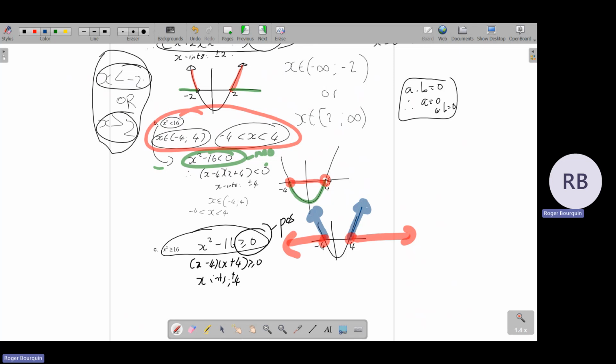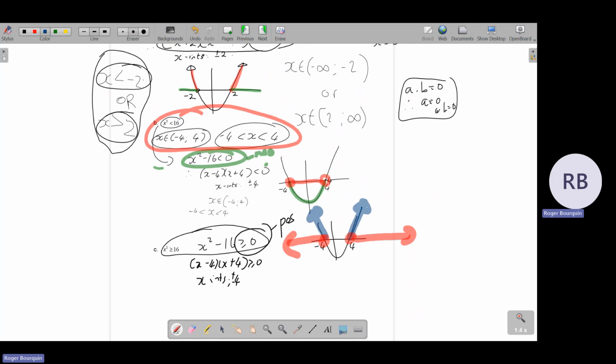Bigger than. Less than. Bigger than. It's the same thing, but now with less than. Bigger than. Right, so write your final answer down.